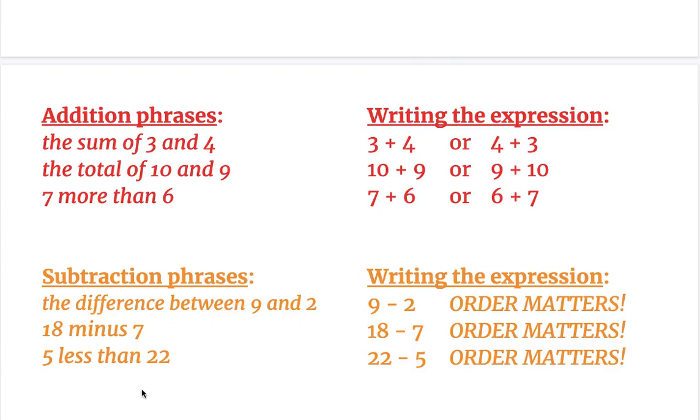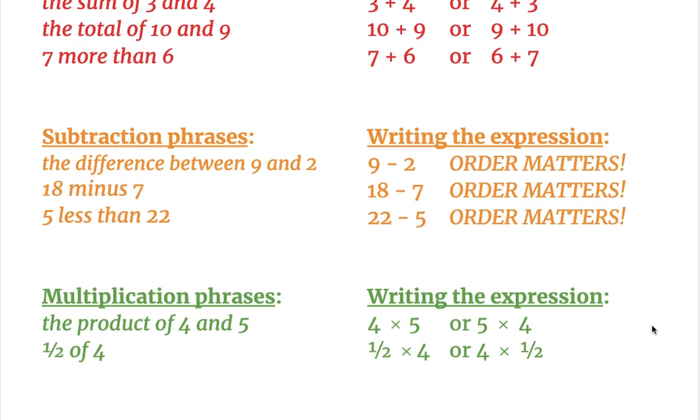So that one I would probably put a star or highlight in my notes because that one really tends to trick people. And so remember, subtraction phrases, order does matter. Make sure you have the addition and subtraction phrases and how to write their expressions down in your notebook before moving on to multiplication and division.